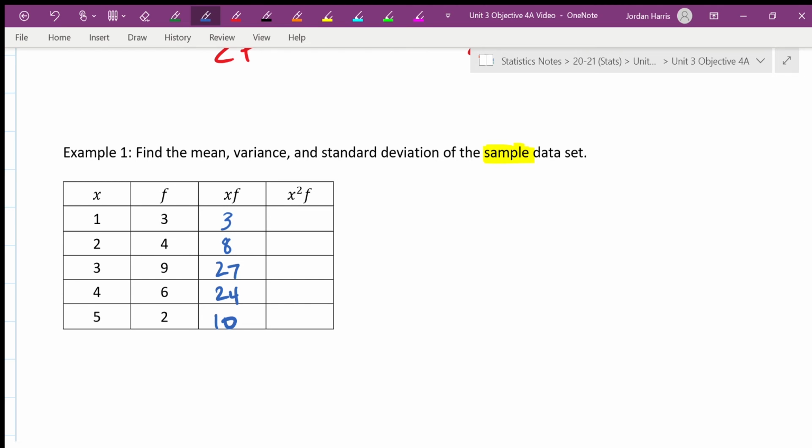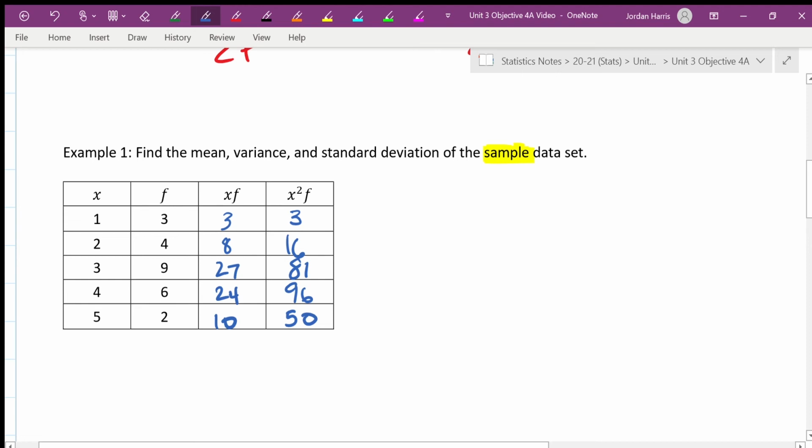Okay, so this is one where people get thrown off. So you've got to be really careful. We're not squaring both. We're not squaring this column. We're only squaring the x. So we can actually take this column and multiply by the x one more time. So I get 3, 16, 81, 96, and 50.